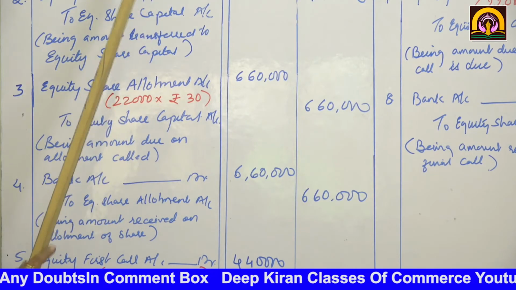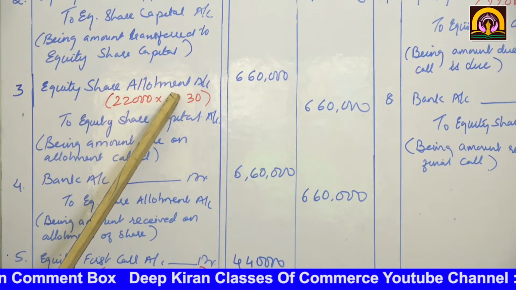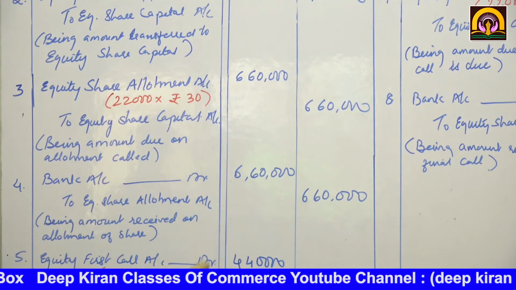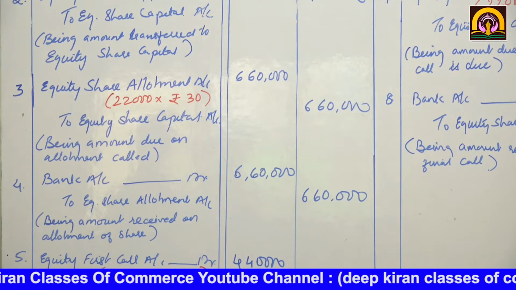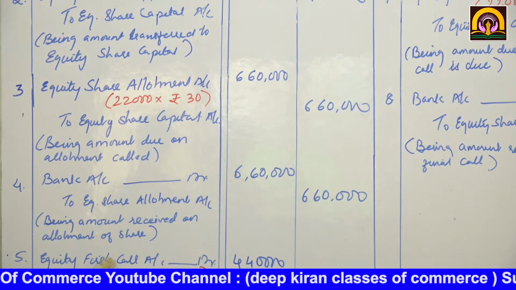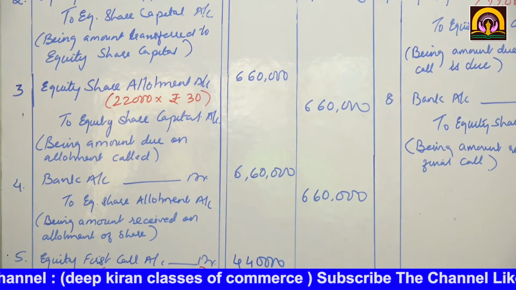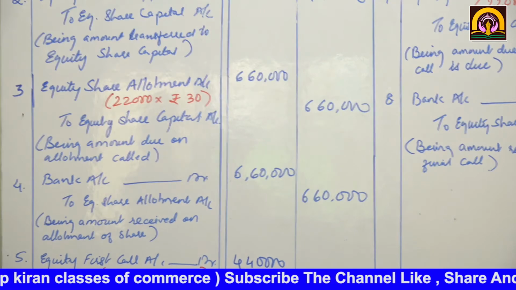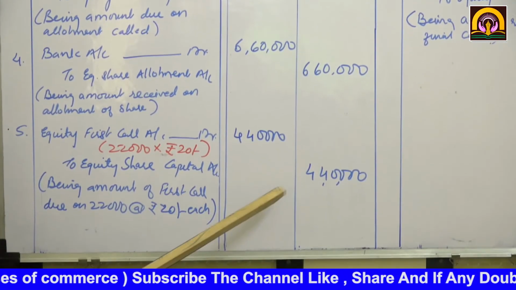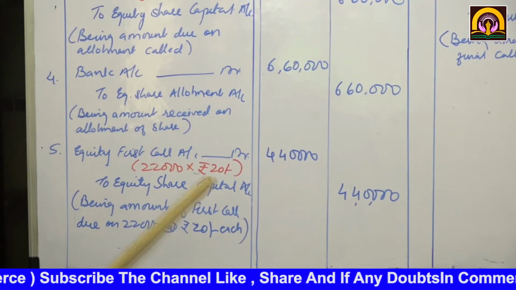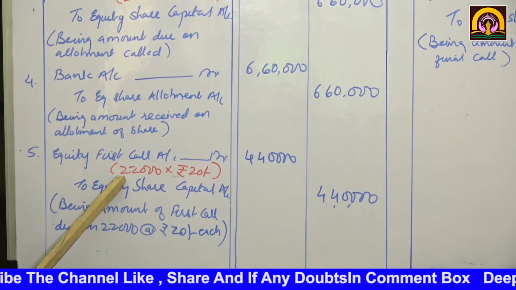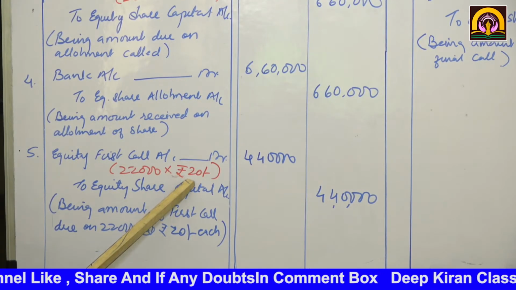Now we have received the application and allotment money. Next we are calling the first call. So equity share first call account debit 4,40,000 to equity share capital account 4,40,000. See how it has come: 22,000 into rupees 20 each.